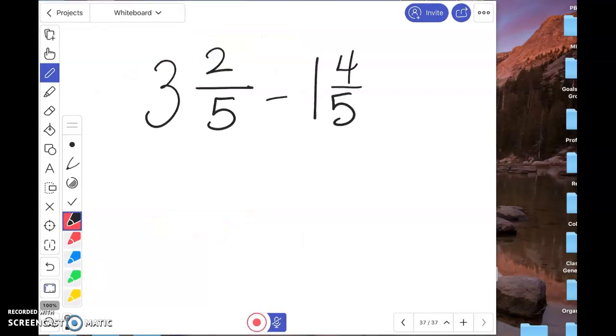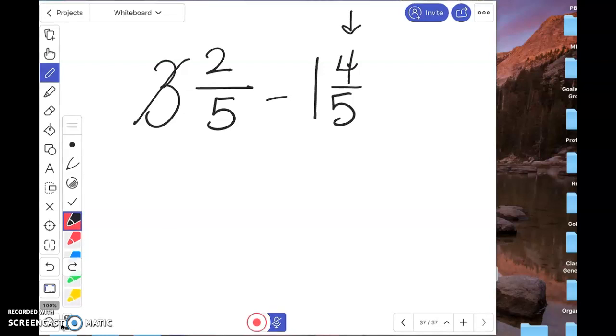So anytime you end up with your second fraction's numerator greater than the other numerator, you're going to have to borrow or regroup. Okay? So you're borrowing from the whole number. You can't just regroup like we did with base 10 or place value. You've got to break this into fractions.